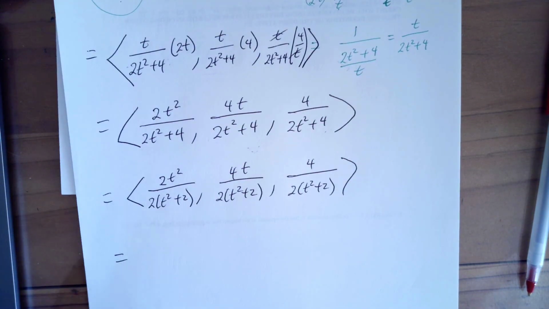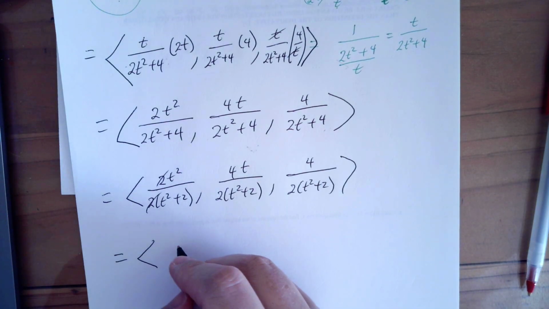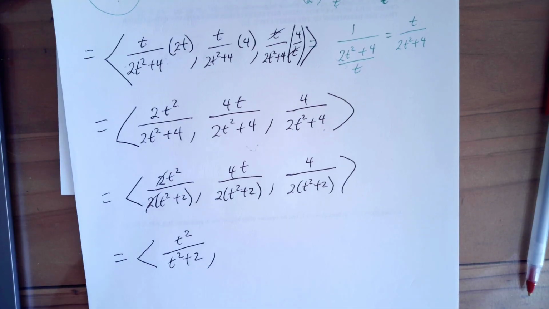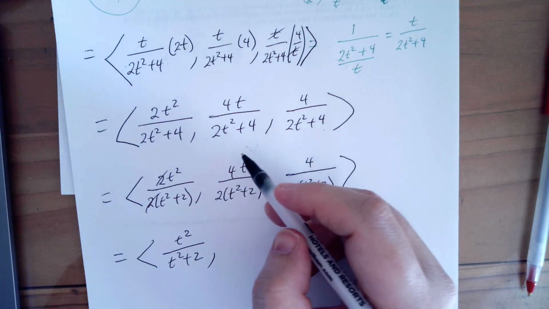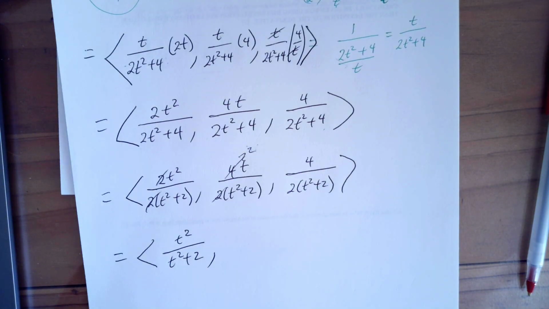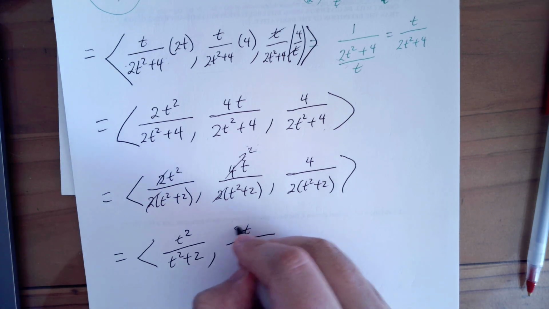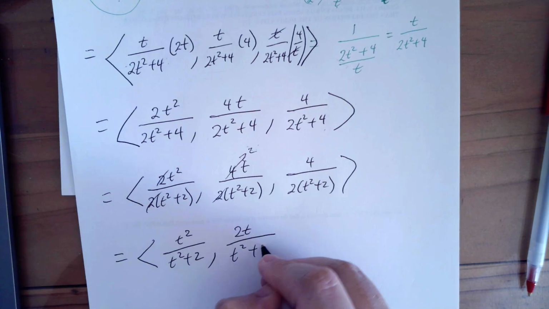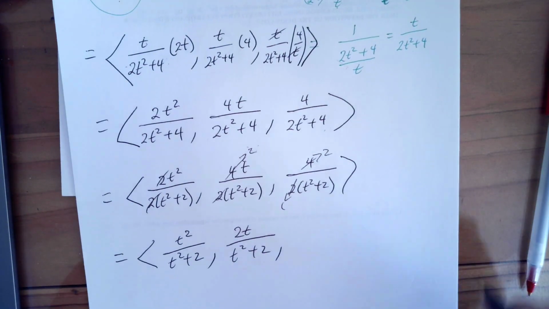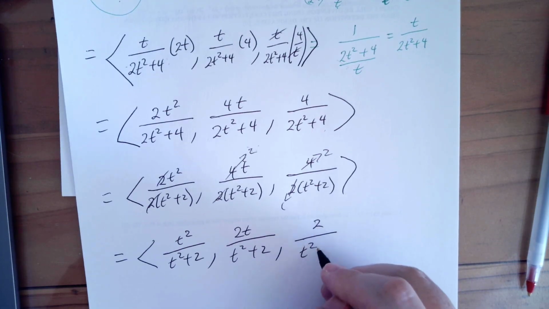The 2's drop, so we'll end up with t squared over t squared plus 2, comma, 2 goes to 2 here because it's a common factor of 2. You get 2t over t squared plus 2, and same deal here, this will be 2, that'll be a 1, so we end up with 2 over t squared plus 2.